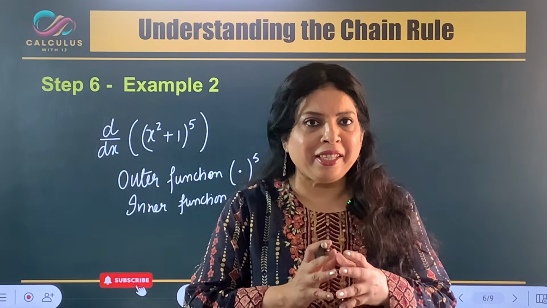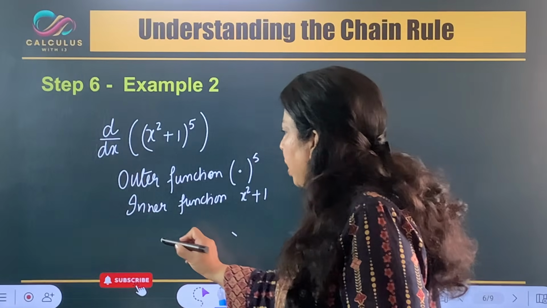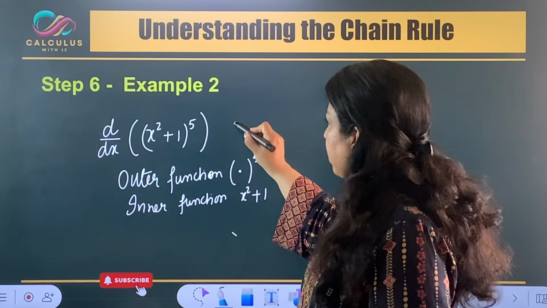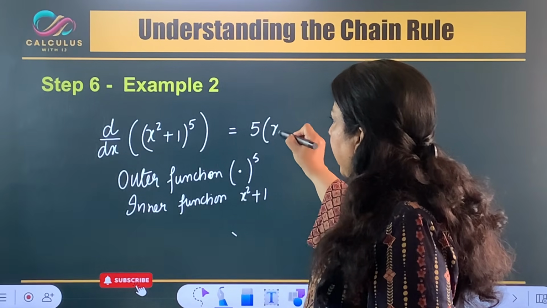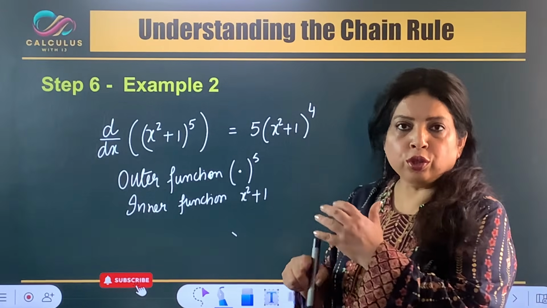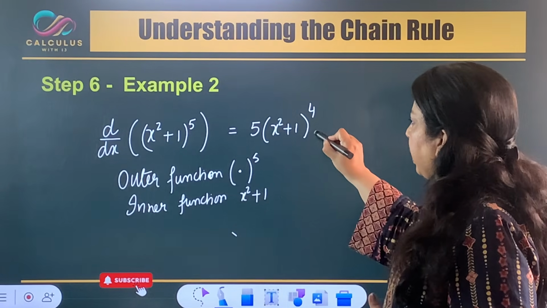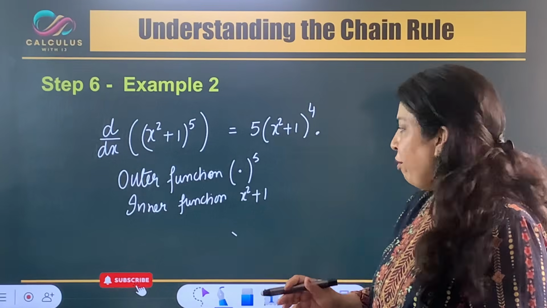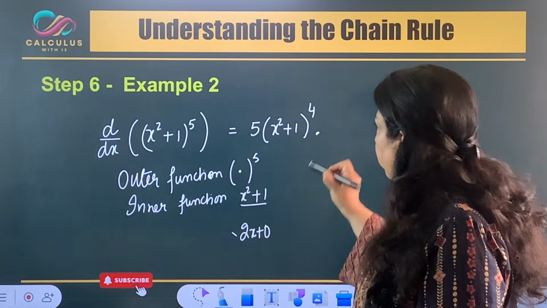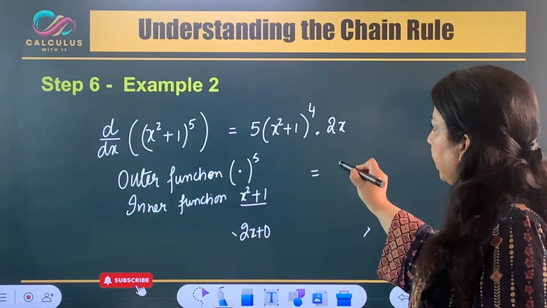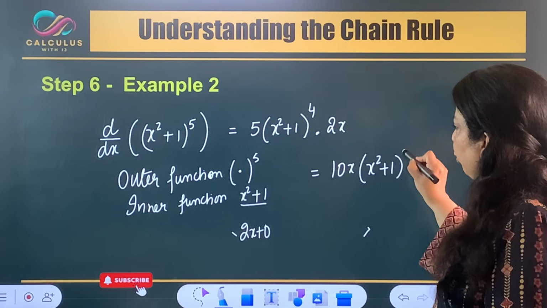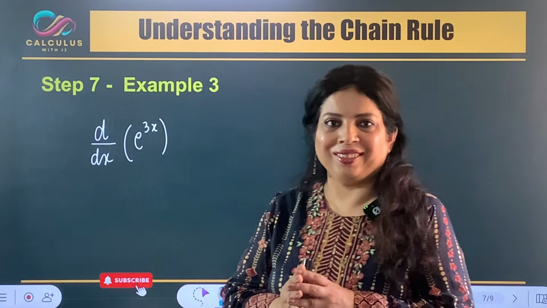We first take the derivative of outer function. Now derivative of x square plus 1 raised to power 5 is 5 and inner function remains unchanged, x square plus 1 to the 4th power. Then we multiply by derivative of inner function. Derivative of inner function is 2x plus 0, which is simply 2x. So the final result is 10x multiplied by x square plus 1 to 4th power.